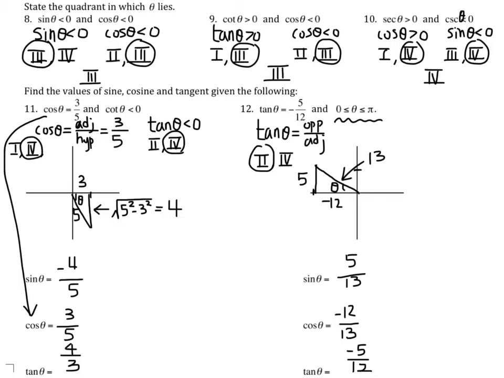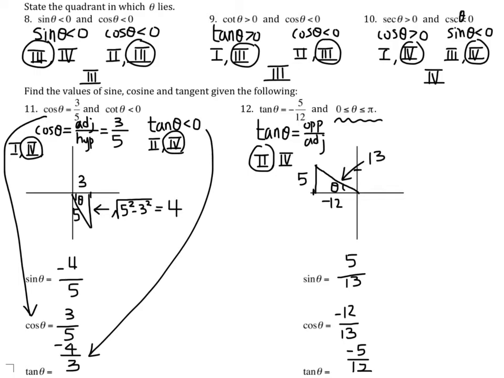That's like a given-away point. Tangent theta, I'm sorry, tangent is opposite over adjacent. So we should have negative 4 over 3 because it's in the fourth quadrant. So your tangent should be a negative value. So don't forget, negative 4 over 3.